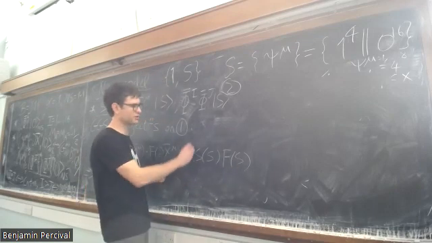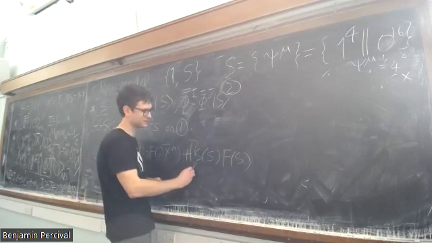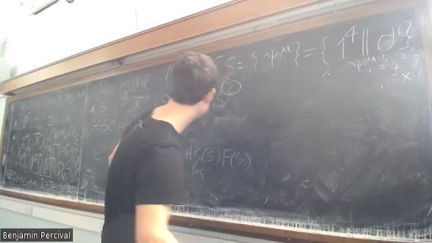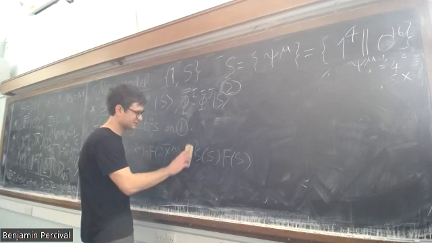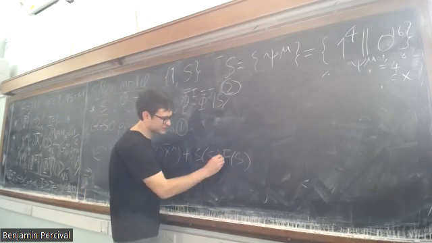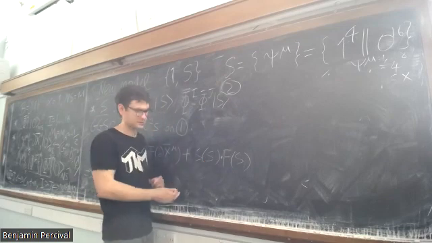So really, this is like a product over all the fermions in the sector S. But we just write it like this, dot product. So the dot product here kind of takes account of that.